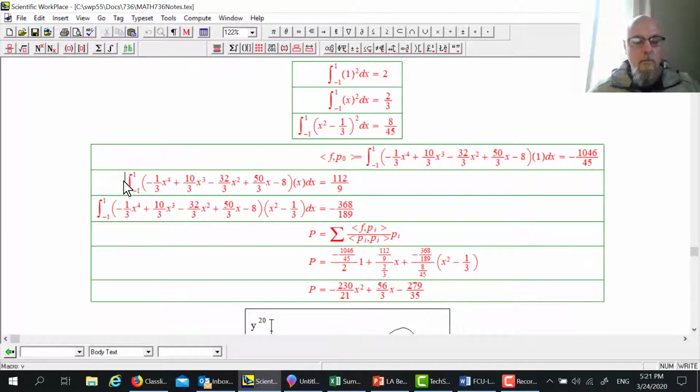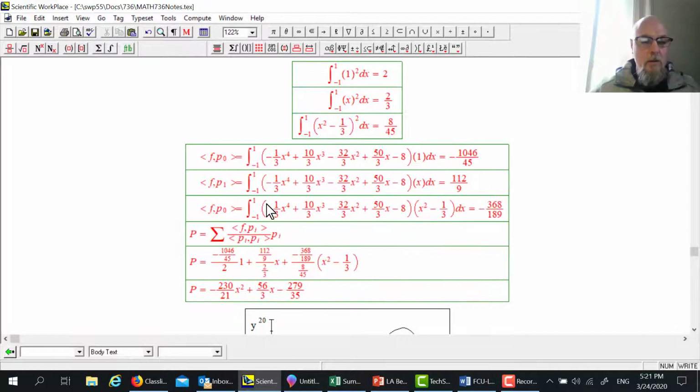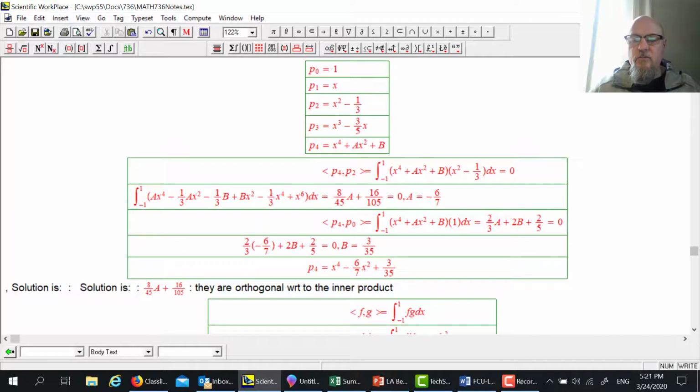This is our polynomial against P1, getting a number. This is our polynomial against P2, get a number. Now I'm stopping at P2 because I'm going to try and make a parabola. So I only need to go up to x squared. If I only need to go up to x squared, then I only need to go up to P2.